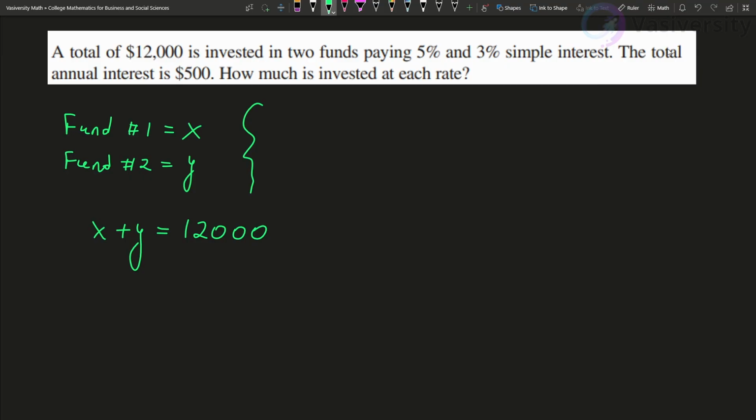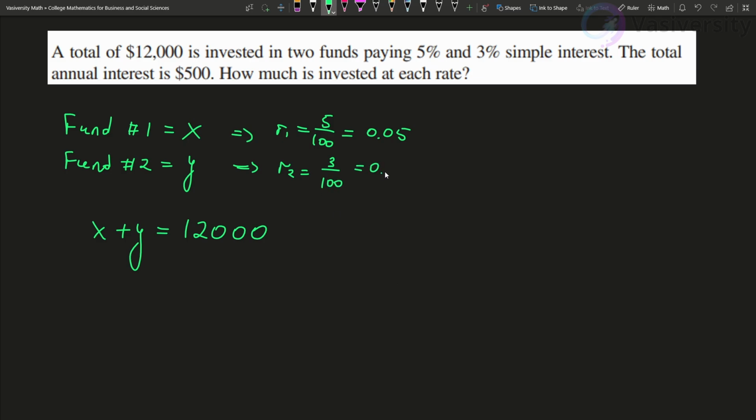What else do we know? We know that the 2 funds are paying 5% interest and 3% interest, respectively, right? So X is paying, let's say, R1, this is the interest rate, it's going to be 5 over 100, which is equal to 0.05. And then Y is going to be the R2, which is 3 over 100.